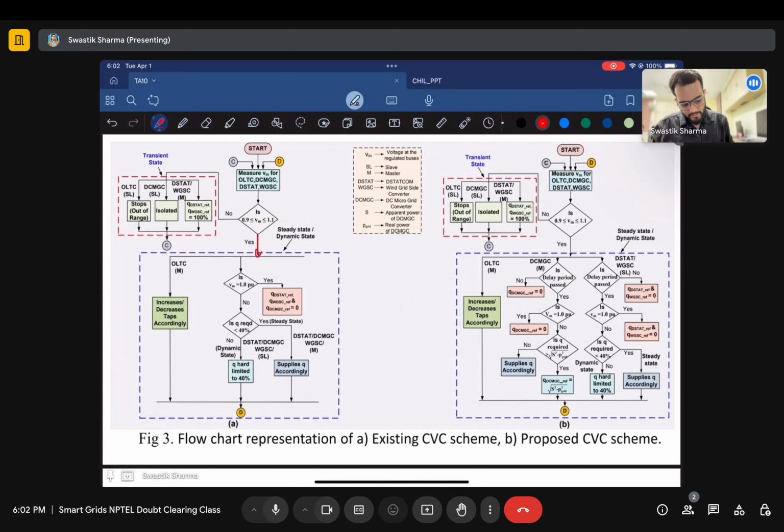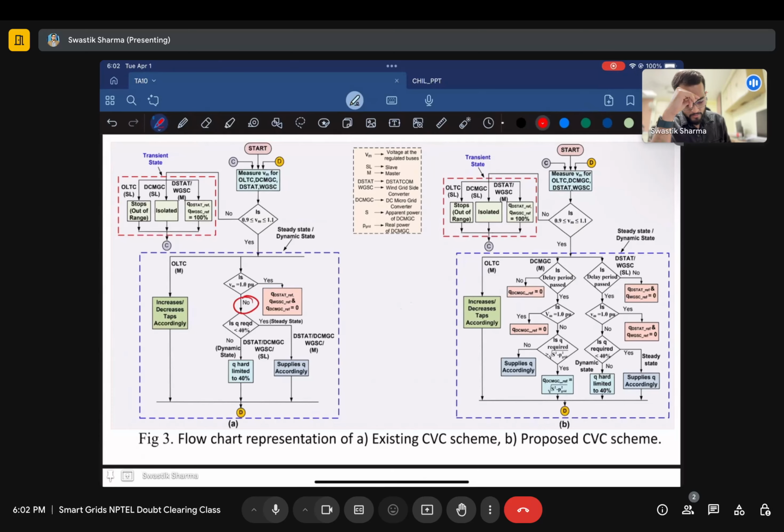Once it does, you make your OLTC behave as a master. The OLTC becomes the master of the operation, and since OLTC is the master, it will increase or decrease taps according to the kind of variation it is witnessing. Based on that, it checks if the VM is at 1 per unit or not.